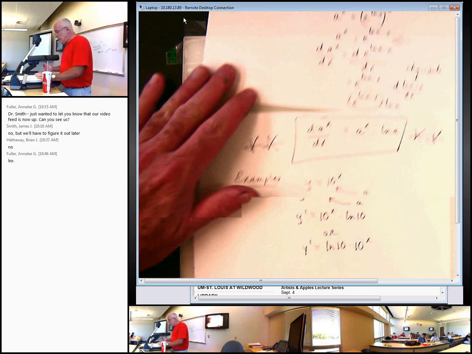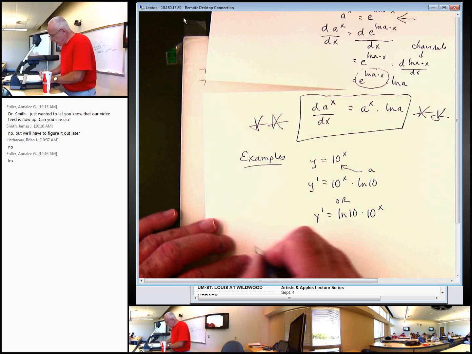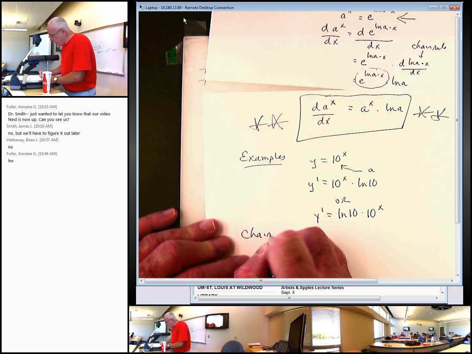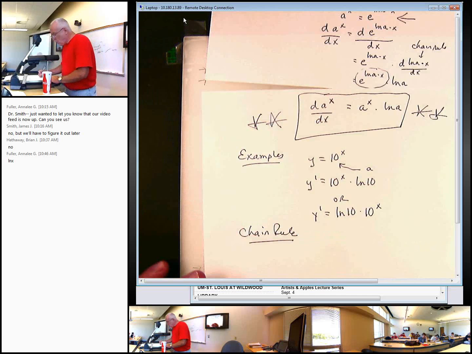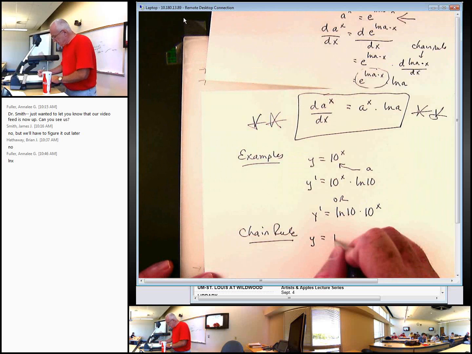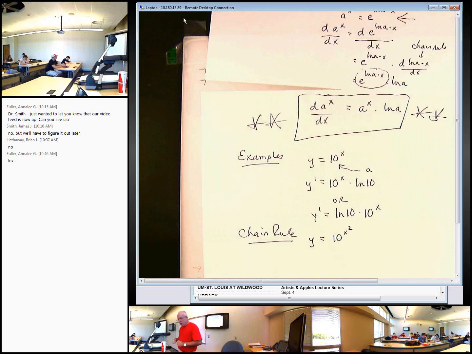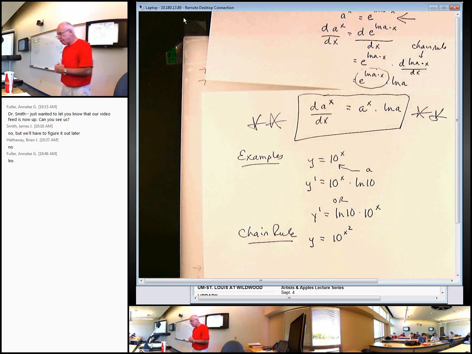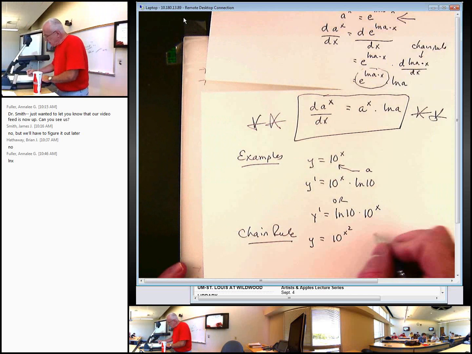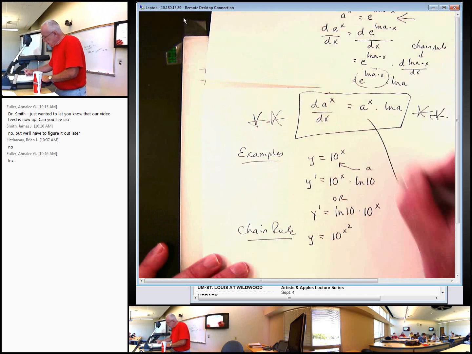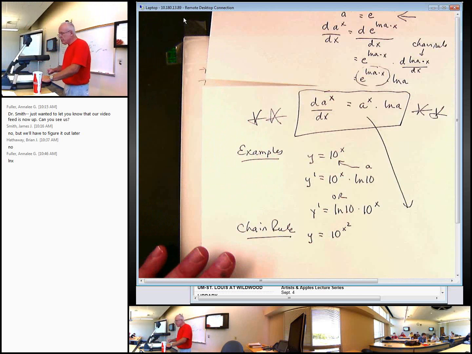All right, now let's look at one more example. With this example, we need to use the chain rule. So let's look at y equal to 10 to the x squared power. Let me go back to this thing here.